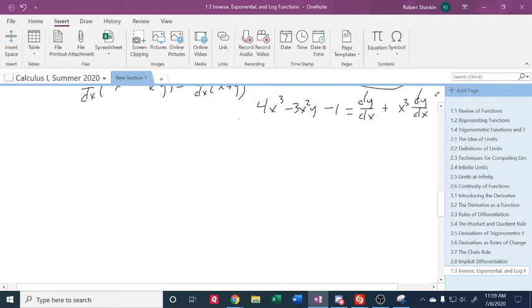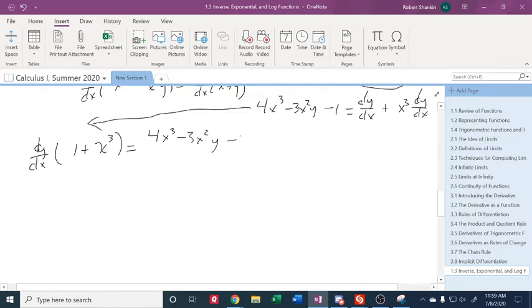So then let's come back over here. I'm going to factor out dy dx, turn the equation around. dy dx, and when I divide both sides by what's in parentheses, I get this.